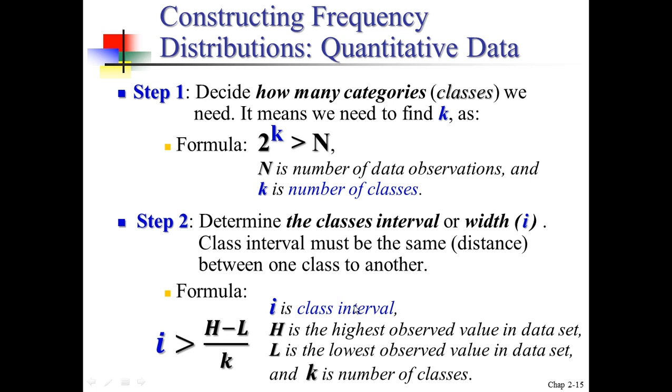That's why an interval must have a gap or distance. In this case, the class 1 interval, class 2 interval, and class 3 interval must have the same distance, the same gap, or the same number. So in order to determine or set a class interval, you need to calculate with this formula.